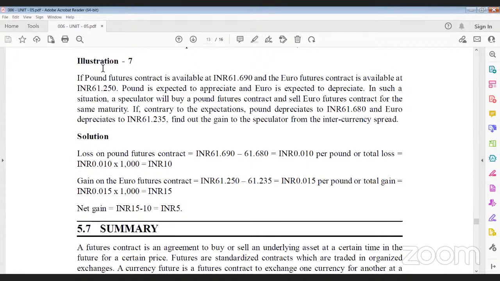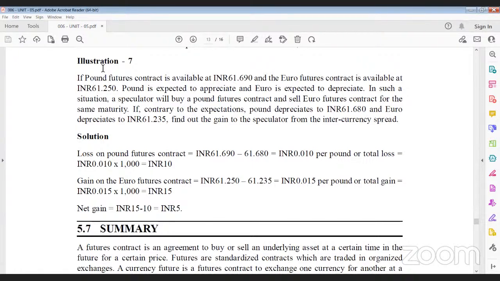On the same lines, the euro future contract, which is a gain: 61.20 minus 61.235, in this case 0.015 per pound. Suppose it is 1,000, then it is INR 15.